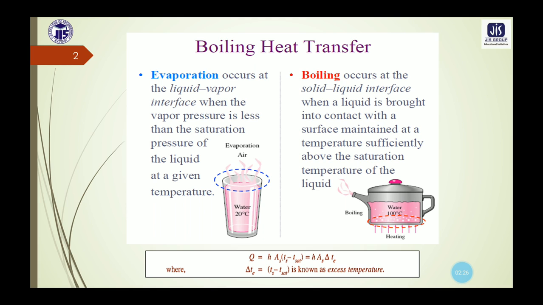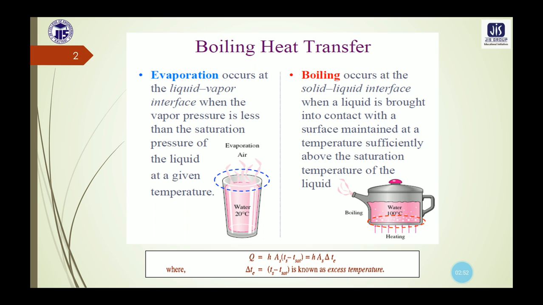That bottommost surface has a temperature higher than the saturation temperature of the liquid, and at this solid liquid interface the boiling started. So this is the difference between evaporation and boiling: evaporation occurs at the liquid vapor interface, but boiling occurs at the solid liquid interface.